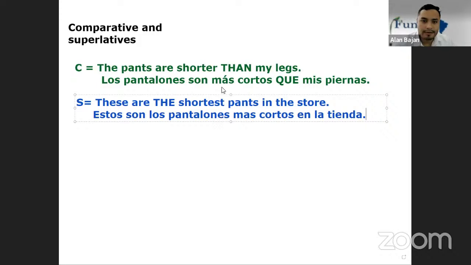Where are my articles? Here. Then, that means, ¿qué? But not the que of a question, it's the que of comparison.